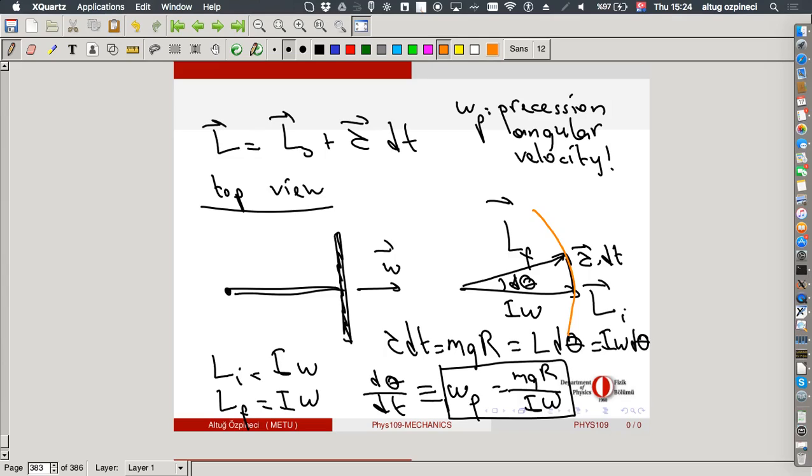But you see, this arc length over here is almost equal to the length of that vector over there. But the arc length is just the radius times the angle, L d theta. The length of the vector is just tau dt, which is mg times r times dt.